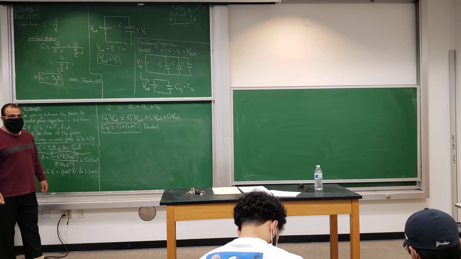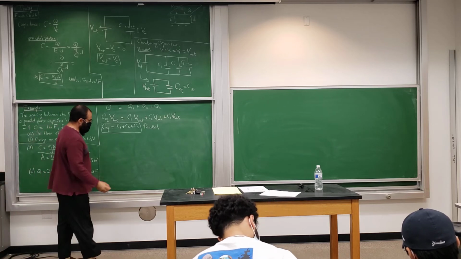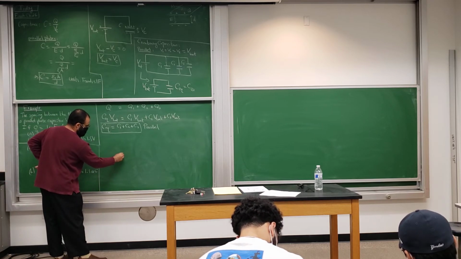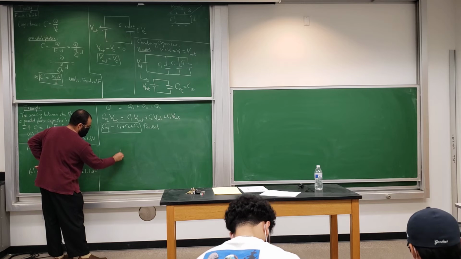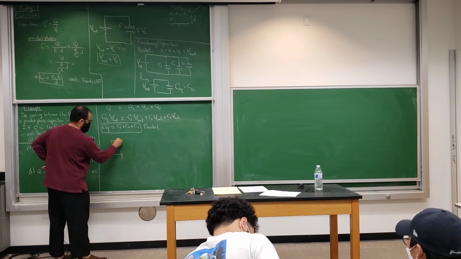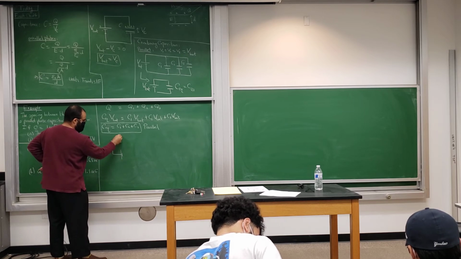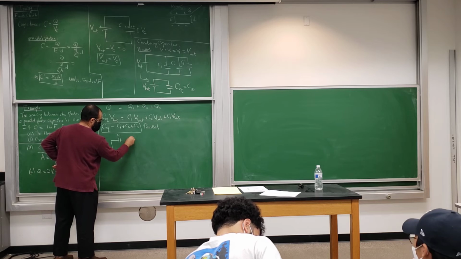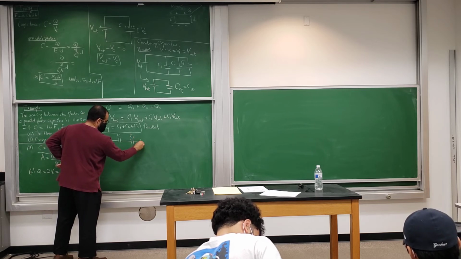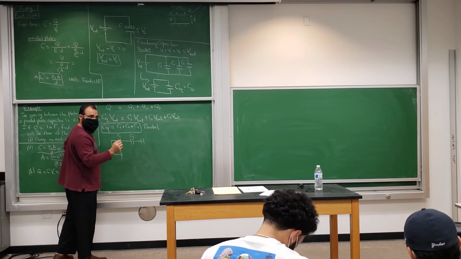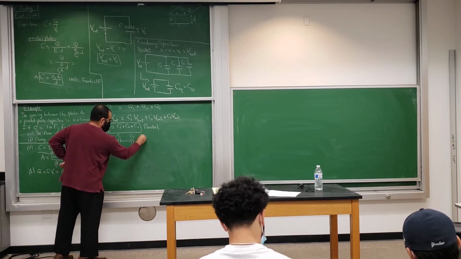Series now. Let's do series. So series looks like this. I have a battery, and then, as the name implies, you've got C1 connected to C2, connected to C3, and obviously you can have a C4 and a C5 and so on.